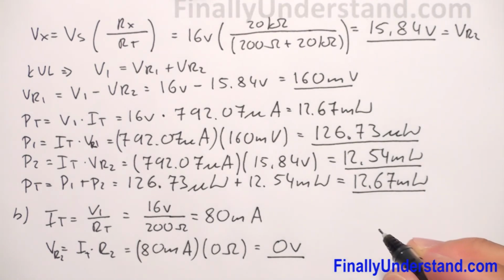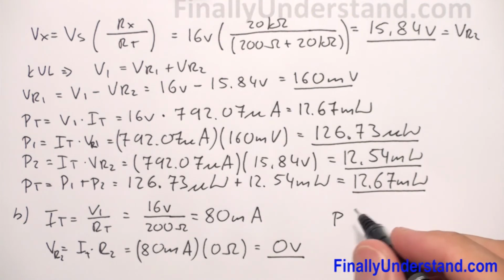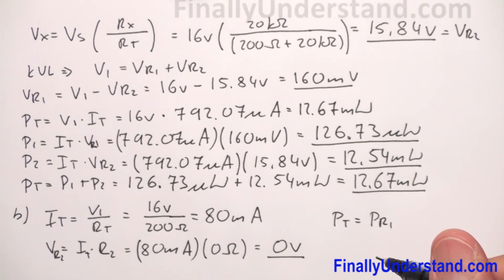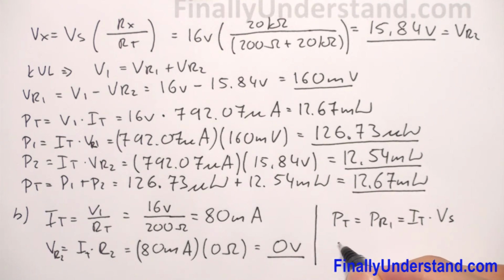Someone wants to find the power, so P total is going to be equal to the power at resistor R1, because we have just one resistor in this circuit, because R2 is shorted. So this is simply I total times the voltage source. P total is equal to I total, 80 milliamps, times the voltage source, 16 volts.